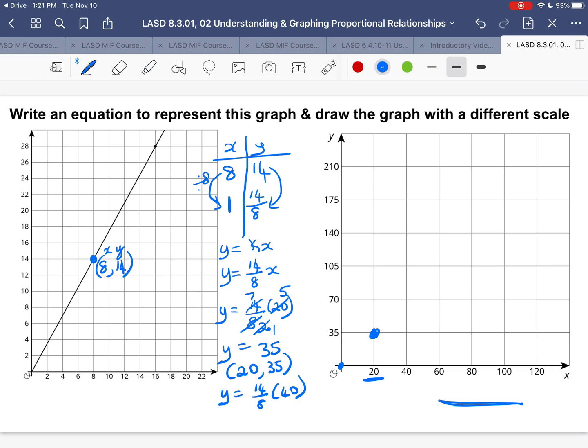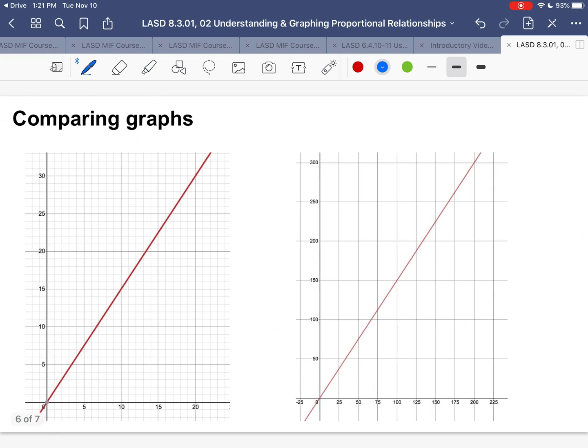And when I do the math there, I get y equals 70. So 40, 70. Okay, so now I have 3 points. I can draw the line. Like this. So that's drawing the line with a different scale based on the equation.